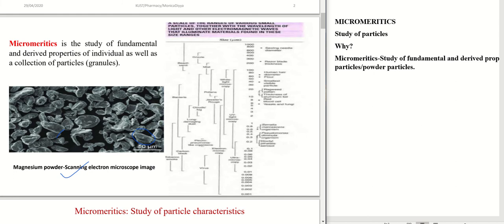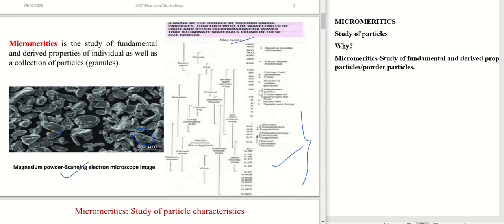This chart is taken from the textbook of physical pharmacy by Alfred Martin. It is for illustration of the particles having different particle sizes. If we see from this, we are able to see the microorganisms having different particle sizes. A size range in micrometers is given.